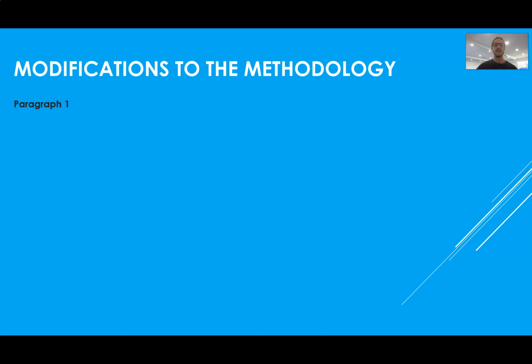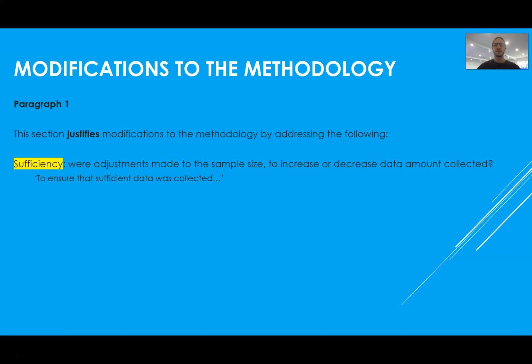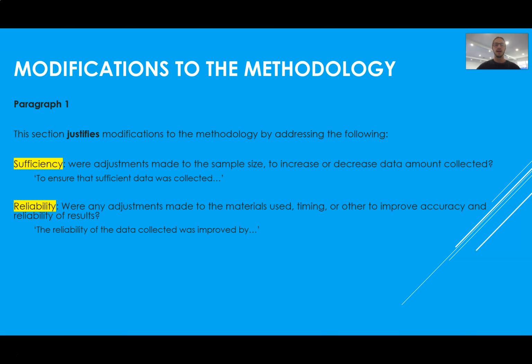So then, modifications to the methodology. I'll give you another template here that you can run with to help you. You do not have to strictly adhere to it though. So paragraph 1, this section justifies the changes that you made by looking at 3 things: sufficiency, reliability, and validity. So, sufficiency.